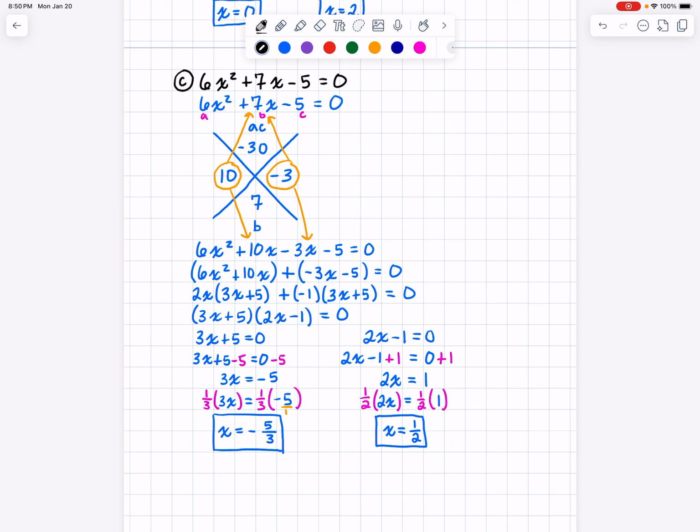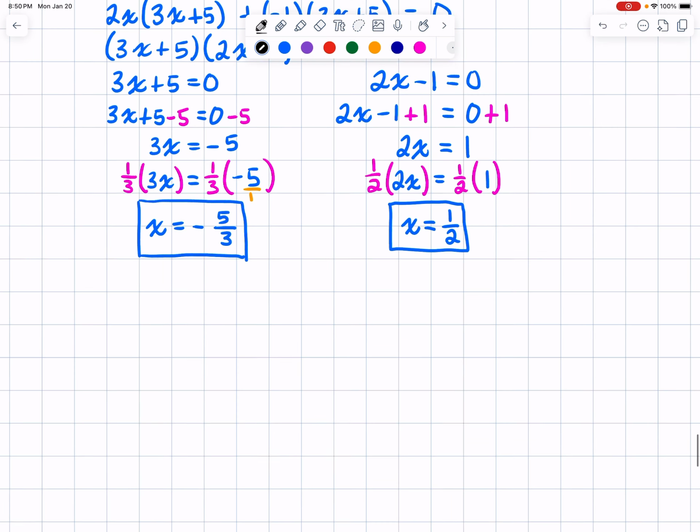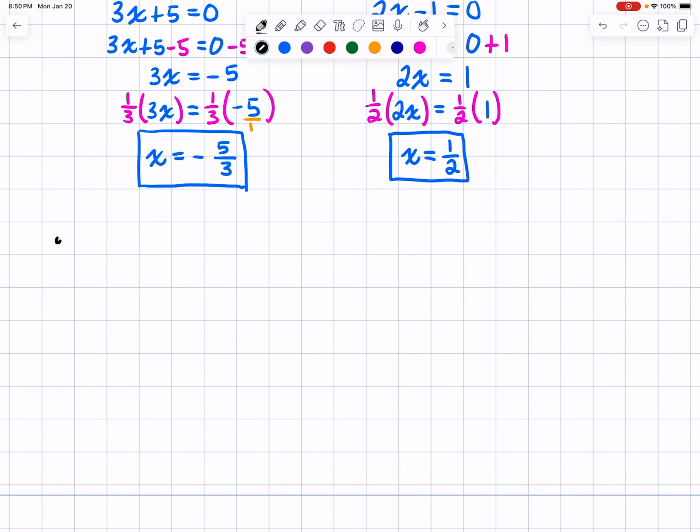We're going to move on to the square root property. Okay. So, the square root property. All right.